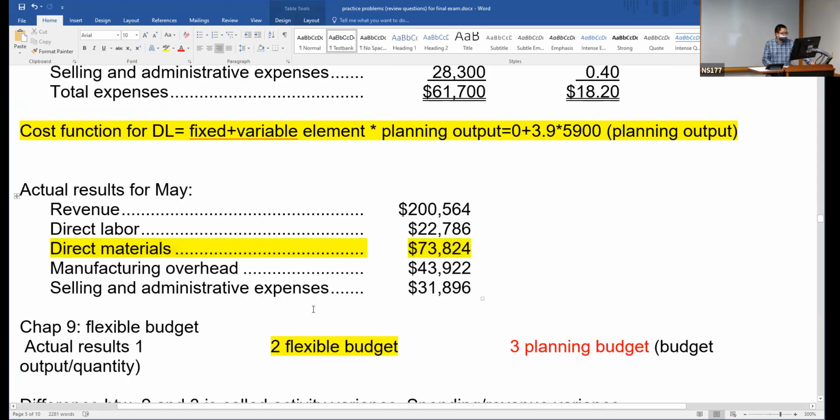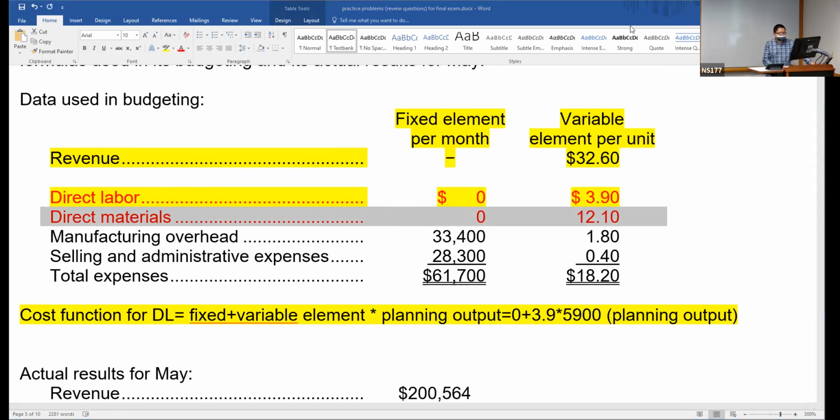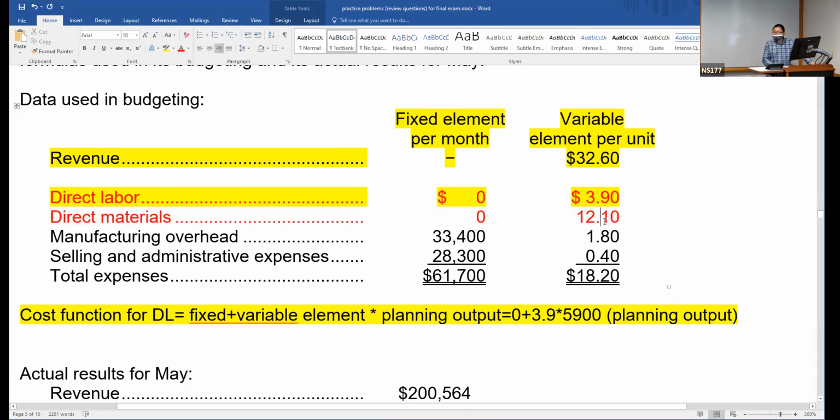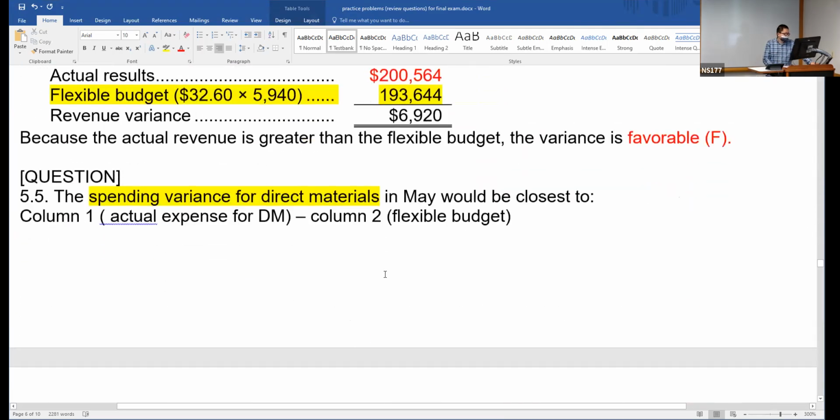And also for the developed materials, the function is here. So basically it equals 0, which is the fixed cost, plus 12.1 multiplied by the actual quantity. So that's why we can have the function here.